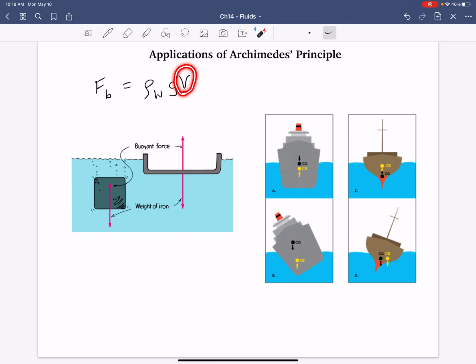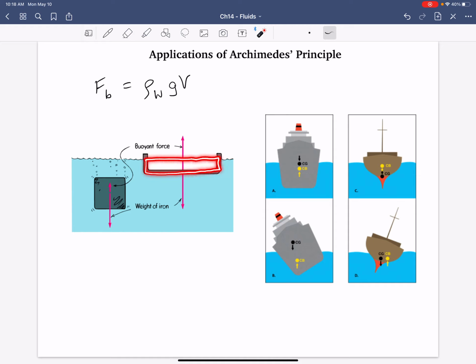So if you can somehow increase that volume, well, if it's the same mass of iron, in this case its weight remains the same. It doesn't change. But it depends on how you configure that chunk of iron, right? That mass. So over on the right, if you can displace much more of that water, right?